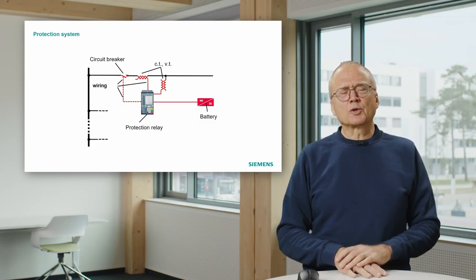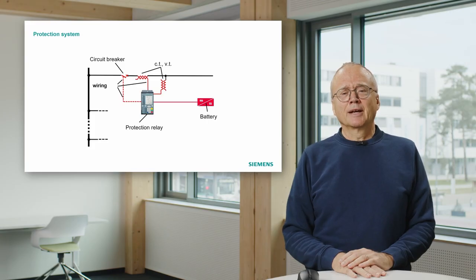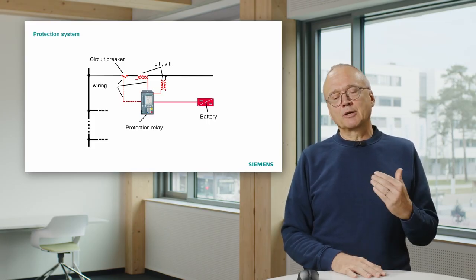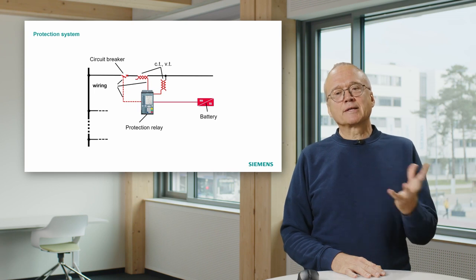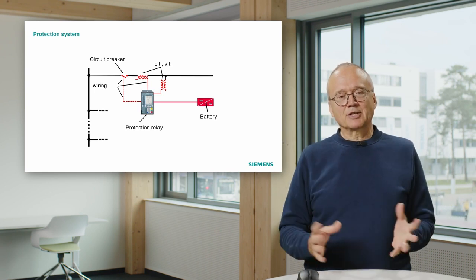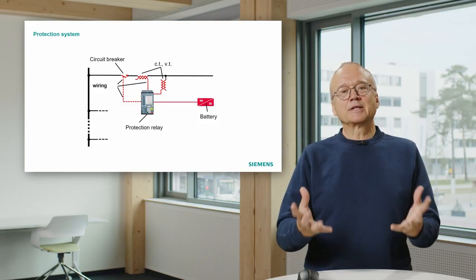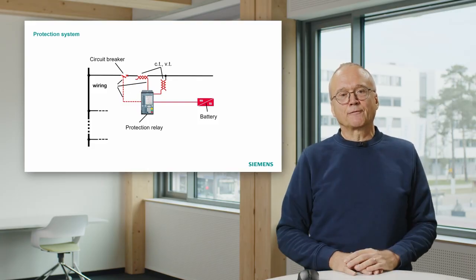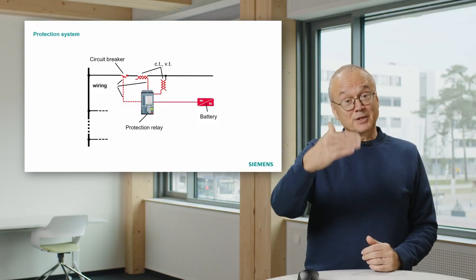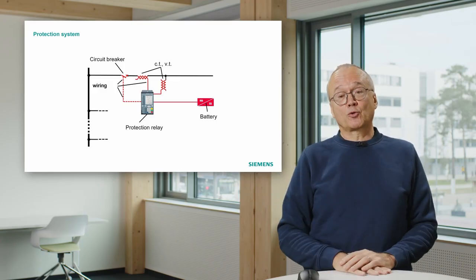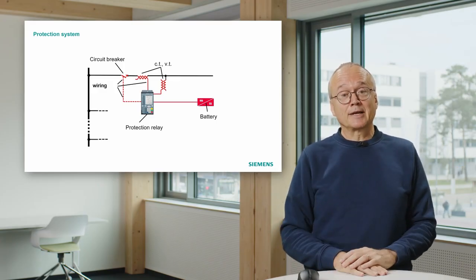Of course, wiring looks a little bit trivial in this sketch. Yes, it's trivial, but if you think about a big open air substation, then you have the circuit breaker, the VTs and CTs outside in the field. You always have to multiply what you see here by 3, because we have the 3 phases.